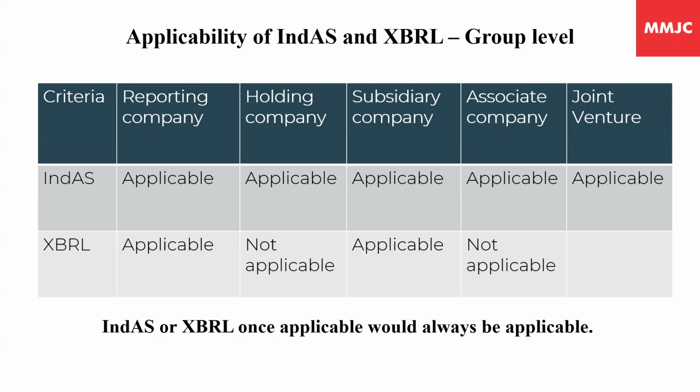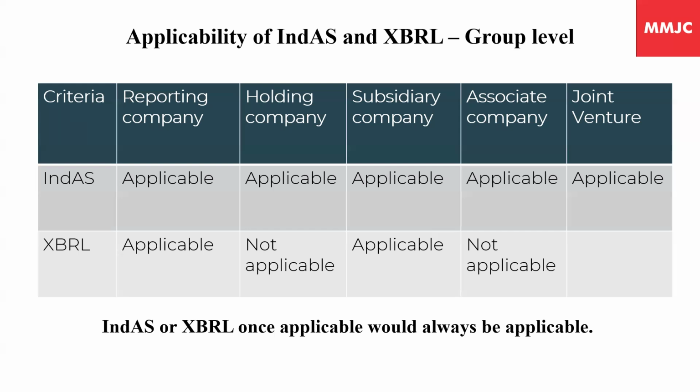Further, in case of applicability of Ind AS, if Ind AS is applicable to reporting company B Limited, then it will be applicable to its subsidiary company A Limited as well. Also, it will be applicable to the holding company C Limited. Therefore, while checking the applicability of Ind AS, the reporting company should check the applicability to its holding company, its subsidiary company, and to such company to whom the reporting company is an associate.